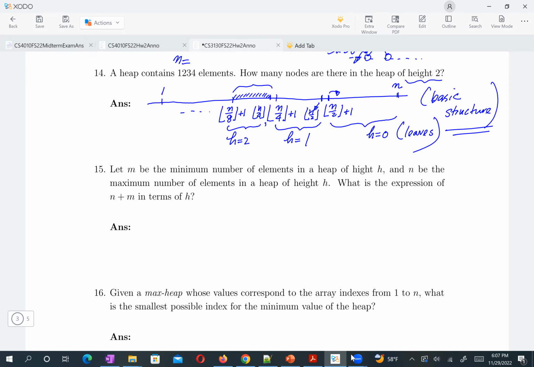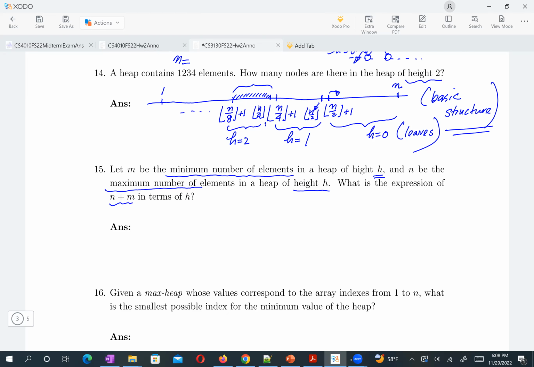M is the minimum number of elements in a heap of height h, and N is the maximum number of elements, also with height h. So what is the expression of M plus N in terms of h?